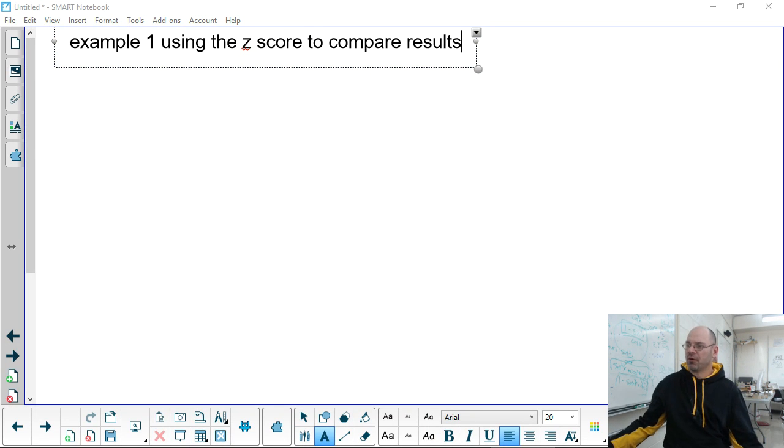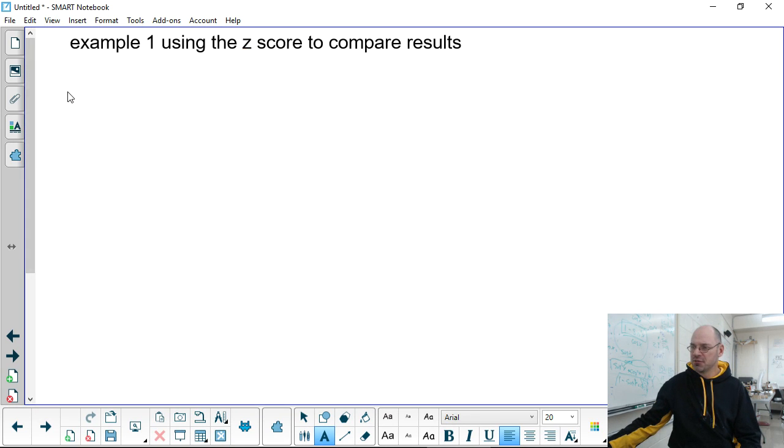Okay, so the first example that we're going to do is using the Z-score to compare results of two different samples. So let's do test scores.